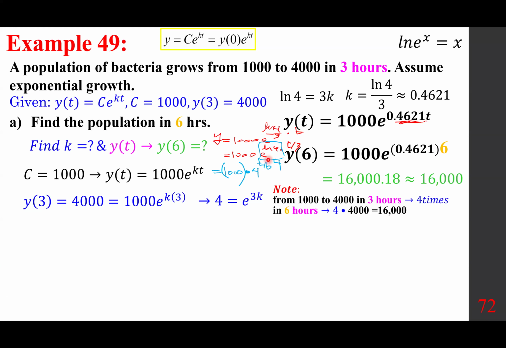And now when you plug in 6, okay, over 3, why this is 3, everybody. And if you put t equals 6, that becomes 2.